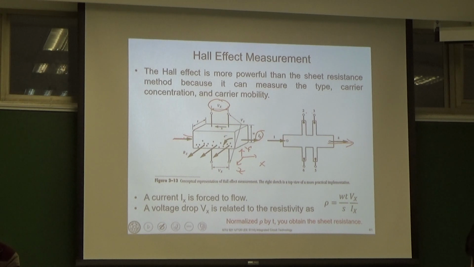The resistivity can be defined by this equation: Vx divided by Ix, times W times T, over S. S is the distance between these two. I think it's very trivial, right?